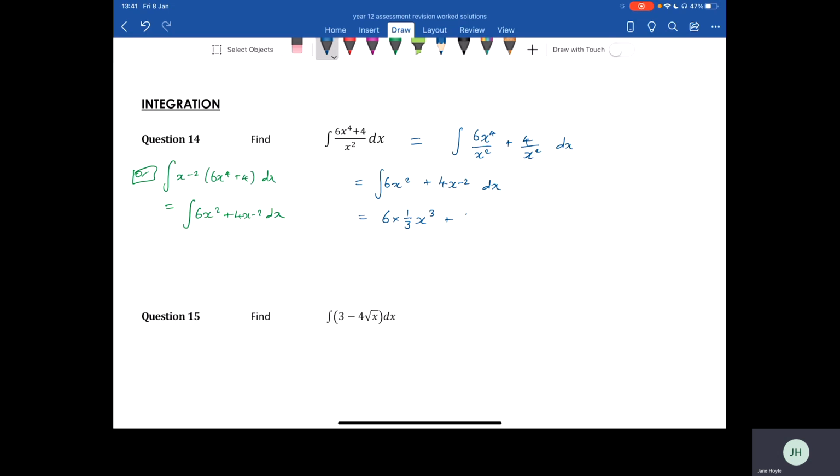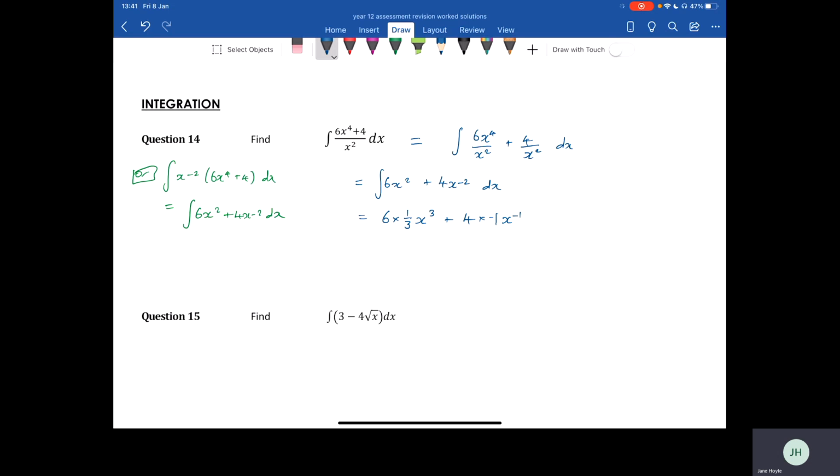That second term, there's a negative, so I'm going to take a little bit more care with that. Write the 4 at the start. I've got my x, I'm adding 1 onto negative 2, getting negative 1, and then dividing by negative 1. Dividing by negative 1 is the same as multiplying by negative 1, so I can write it like that and we'll just switch the sign.